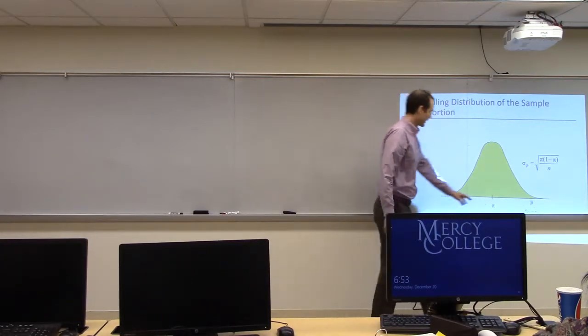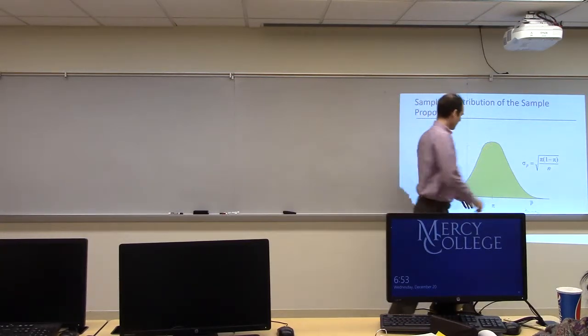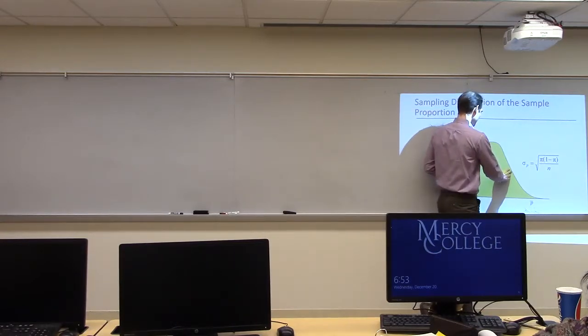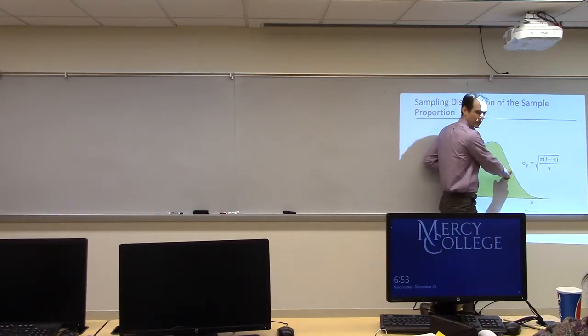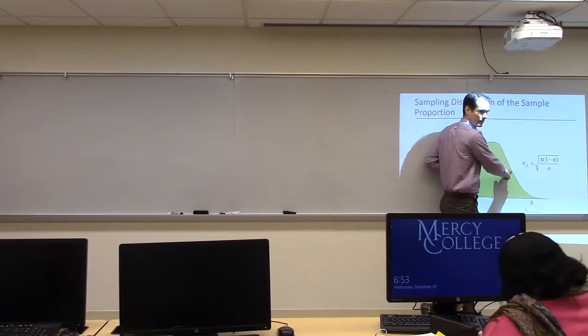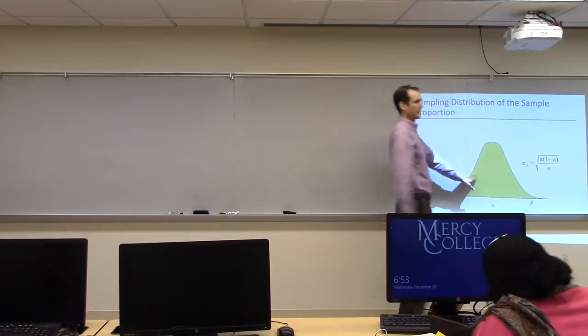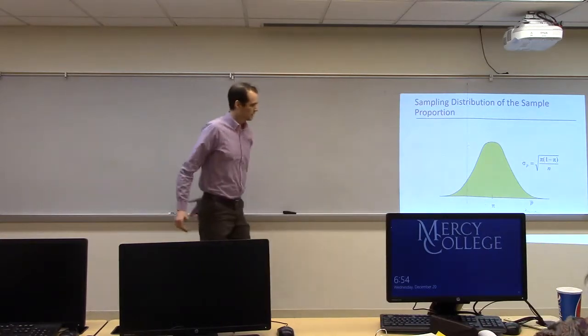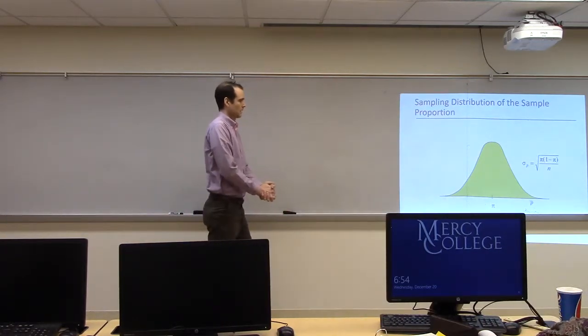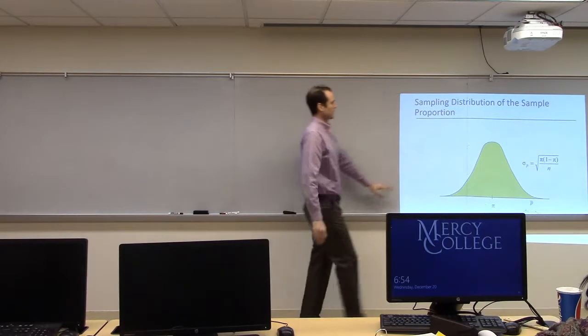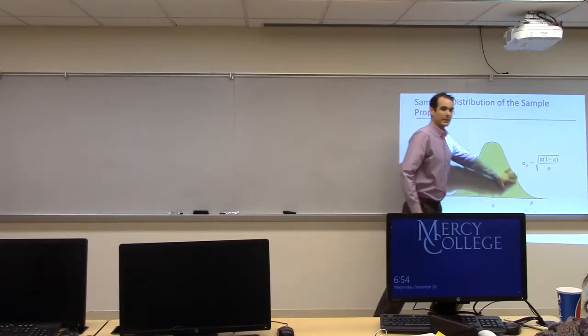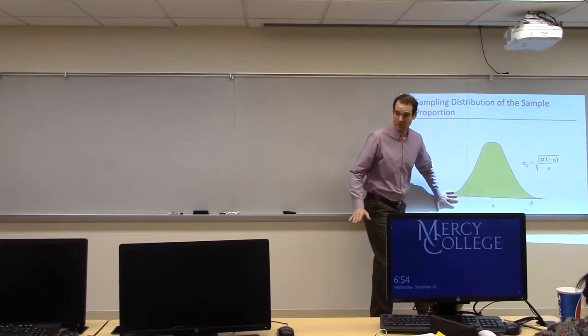Because not only is it our most common answer, but as long as there's no bias in the way we're asking questions, there's equal probability of being a little bit high and equal probability of being a little bit low. Okay, so the sampling distribution of the sample proportion is a frequency distribution of a very large number of sample proportions.